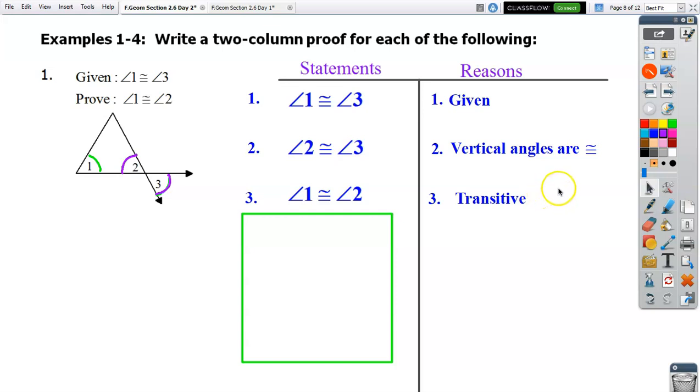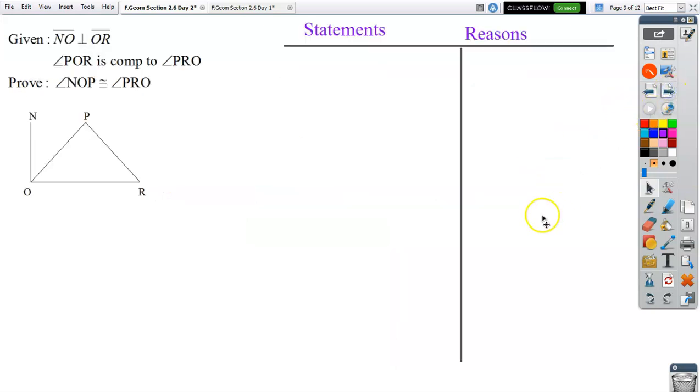Great. Next one. On this one, we are told that line NO, this one, is perpendicular to OR. So OR is this bottom line, and NO is this vertical line, and they make a right angle. They are perpendicular.